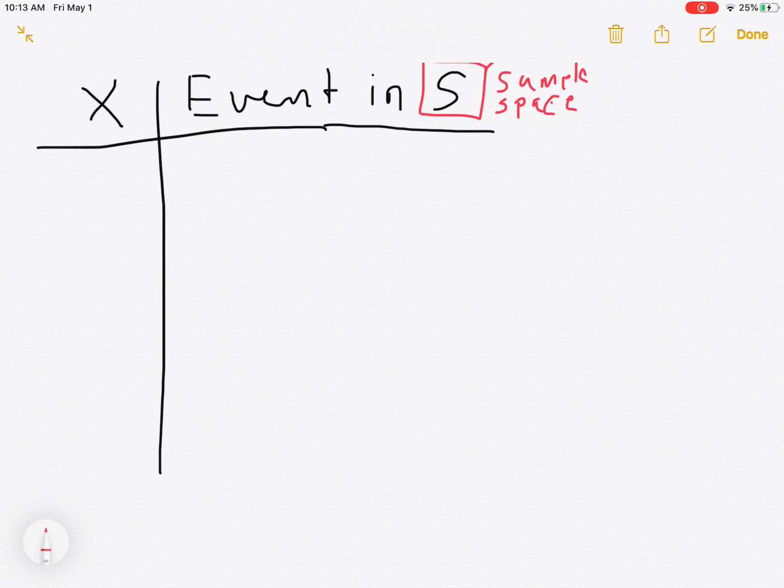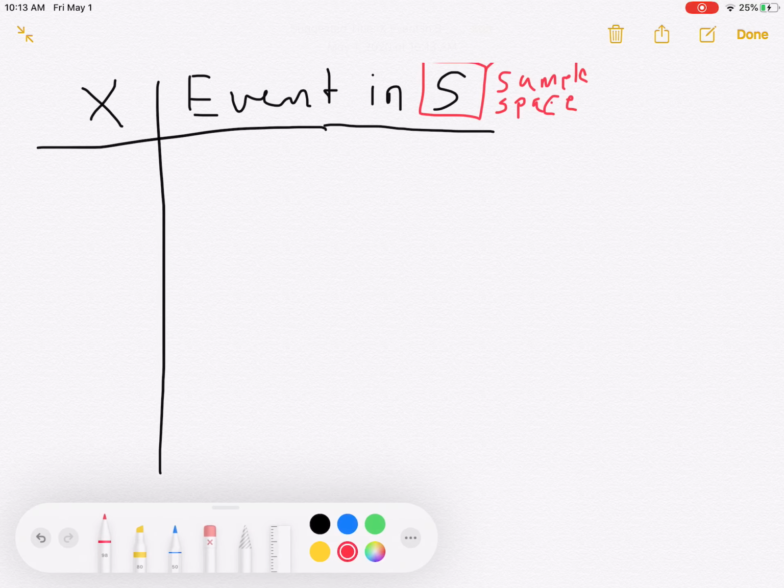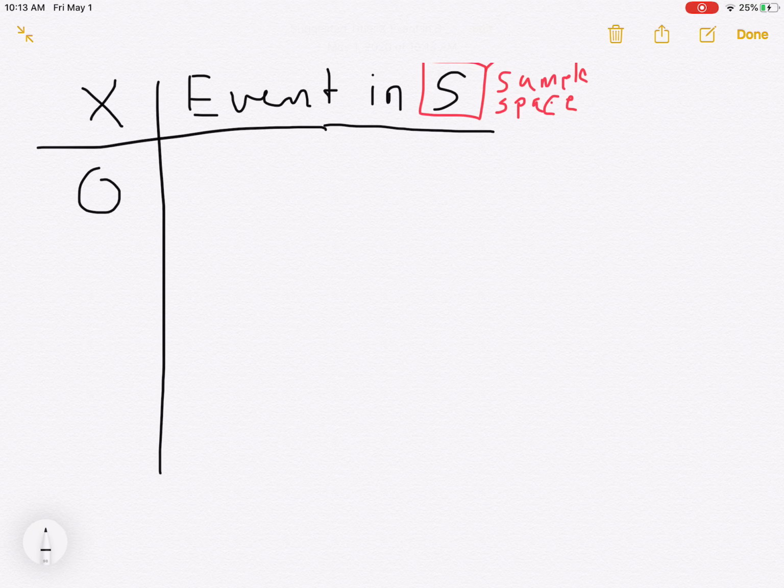So for the number of different values for X, we could get no heads, we could get 1 head, we could get 2, or all 3 of them.